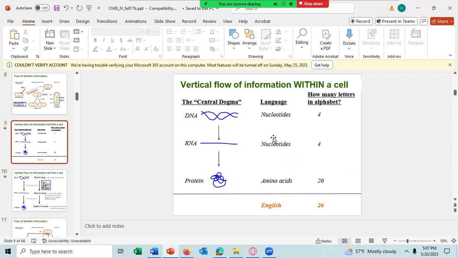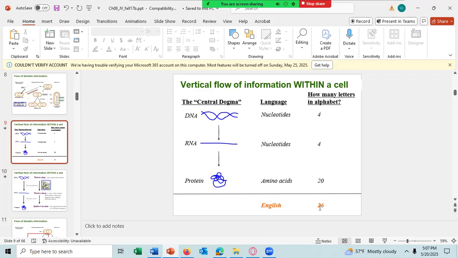Slightly different than the DNA nucleotides, but once again, there are only four letters in the alphabet, meaning there are only four different RNA nucleotides. And then the information stored in RNA flows to protein, and that information is stored in the amino acids. There are 20 different amino acids, or 20 different letters in the alphabet of amino acids. For comparison, English has 26 letters.